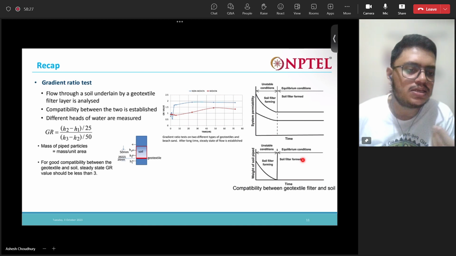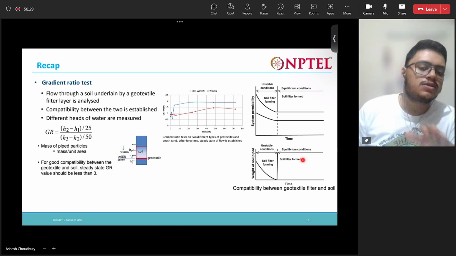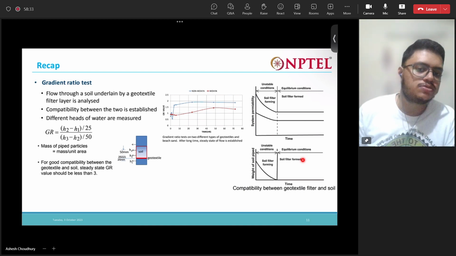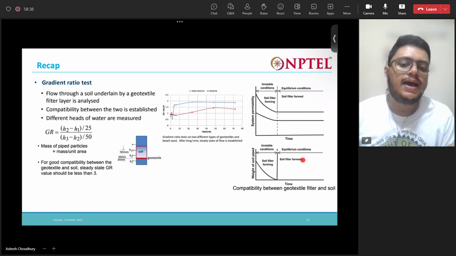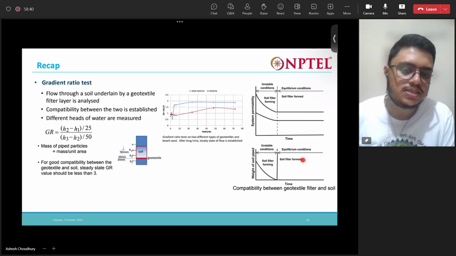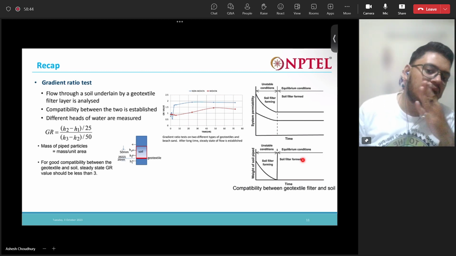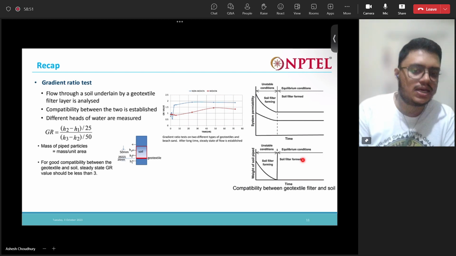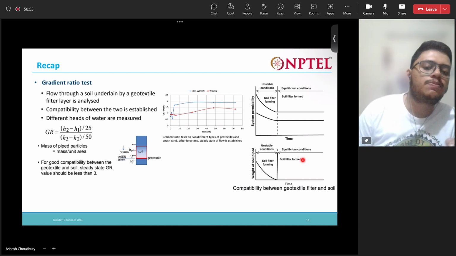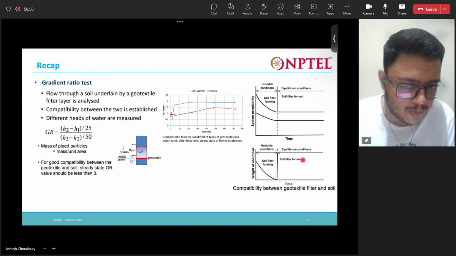So what happens, the permeability slightly reduces, and then after this equilibrium is established with increasing time, you can see that the system permeability actually goes constant. Okay, and initially you can see that the weight of the piped soil particles is very high, then it starts to reduce, and then as the soil filter is formed, as the equilibrium is established between the soil and the geotextile, the weight of the soil piped will actually reduce to almost zero.